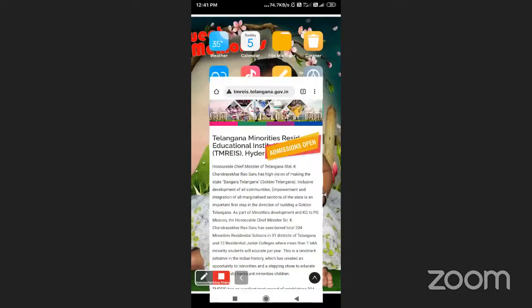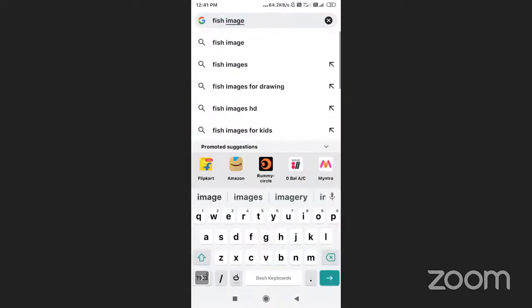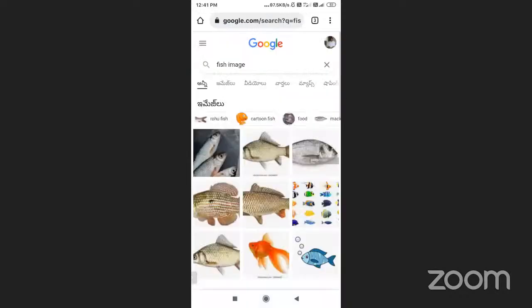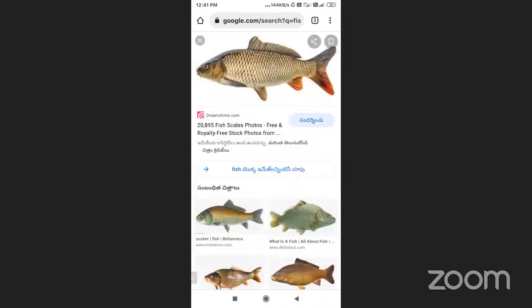See here. So all these are the fishes. If you see in this fish, I will go to this screenshot once again.